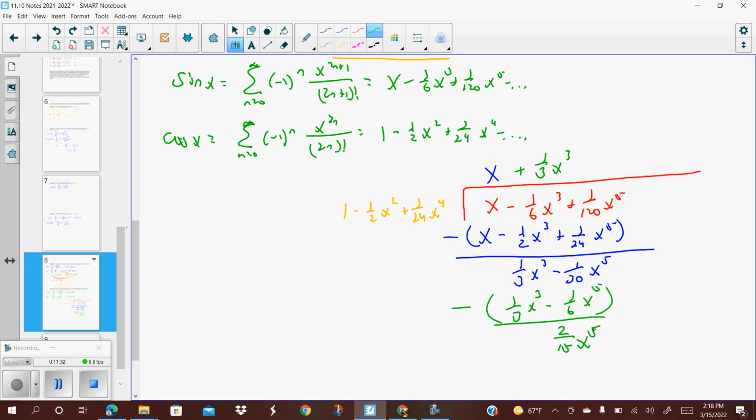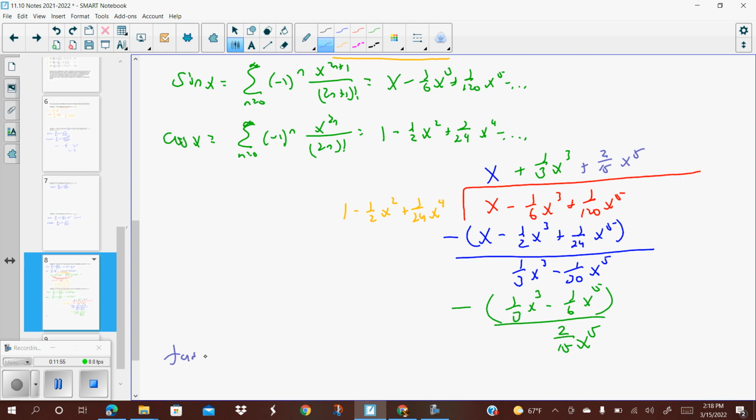So just ask yourself, what do you multiply times 1 to get 2 over 15 x to the 5th? And that, of course, is going to be 2 over 15 x to the 5th. Okay, I don't really need to do any more of the work because that's going to cancel the 2 over 15 x to the 5th out. We now have the first 3 terms for tangent of x.